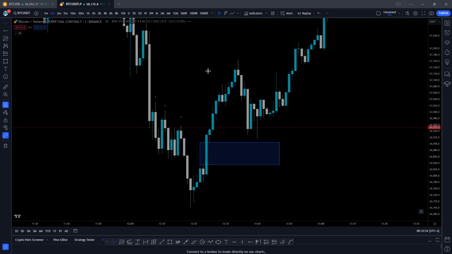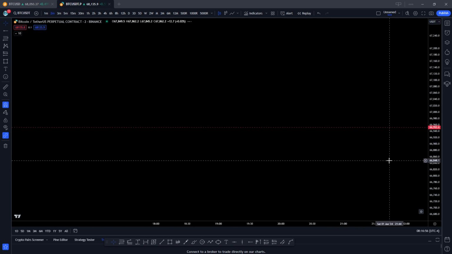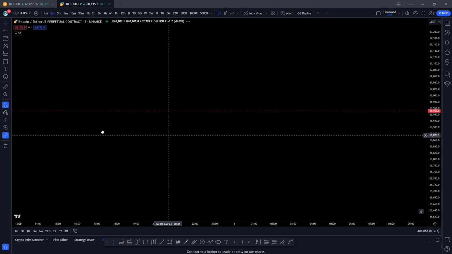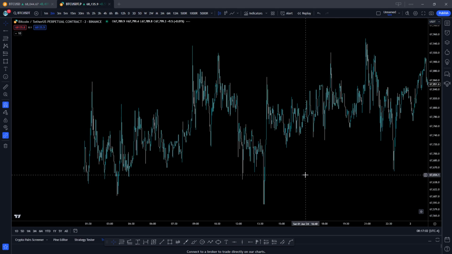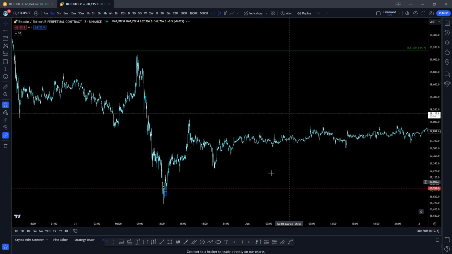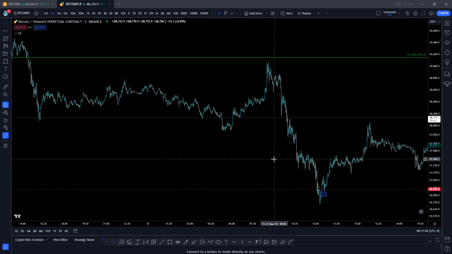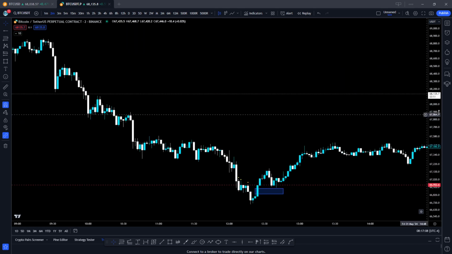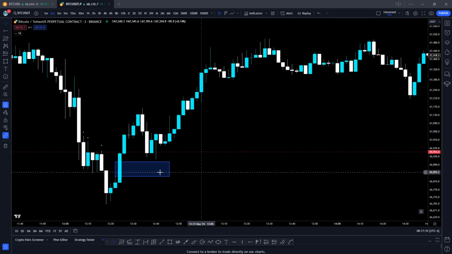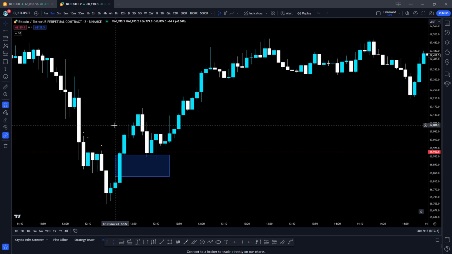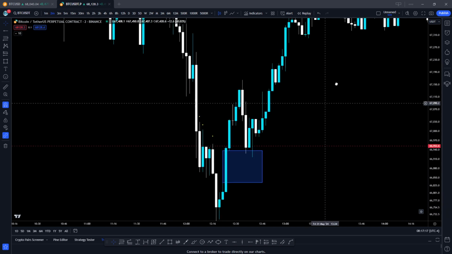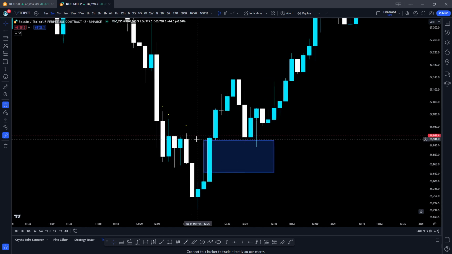So let's go to the 2 minute and see if we can get a cleaner look on this, a cleaner fair value gap or something that we can play off of. So yeah, we do right here. There's the 2 minute, pretty clean. The 2 minute worked out on this one.